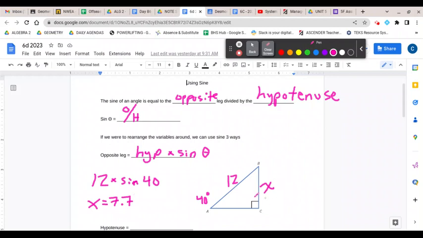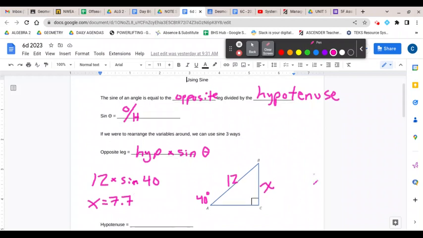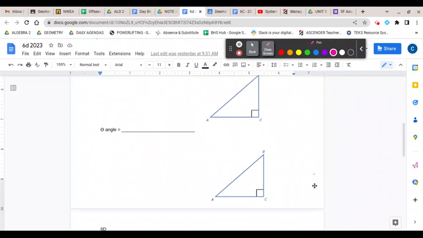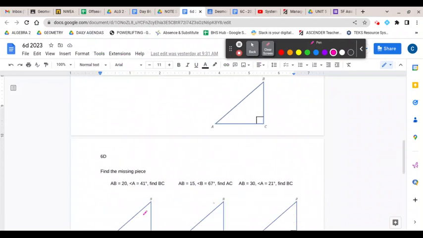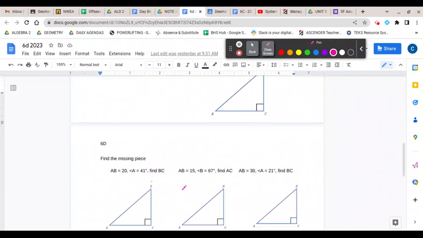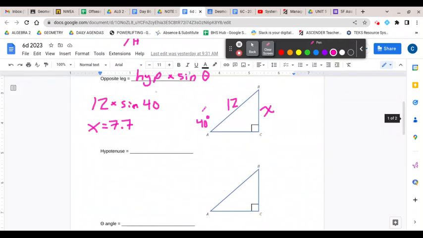That's if we're looking for the opposite leg. When you do the first three problems on the back, these three up here, do exactly what we did here.